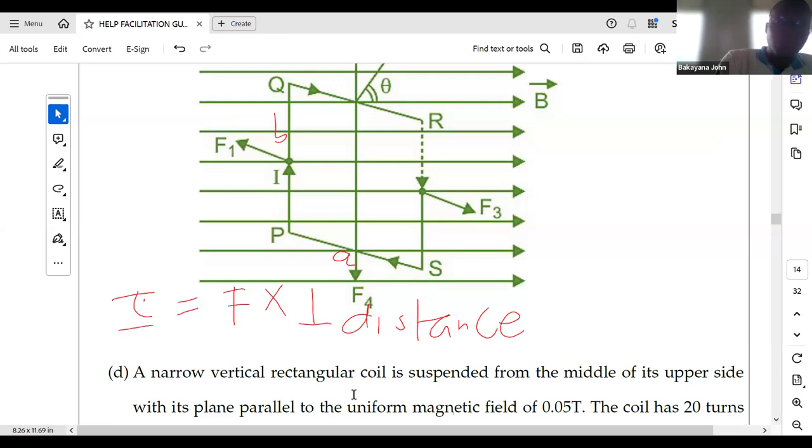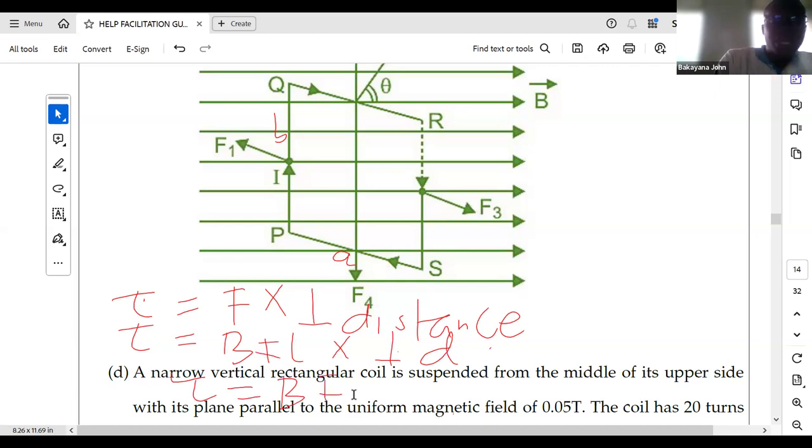Our force is here, but now the L is the length of the coil. This is our current I.